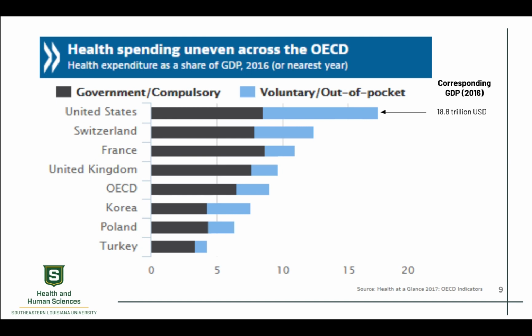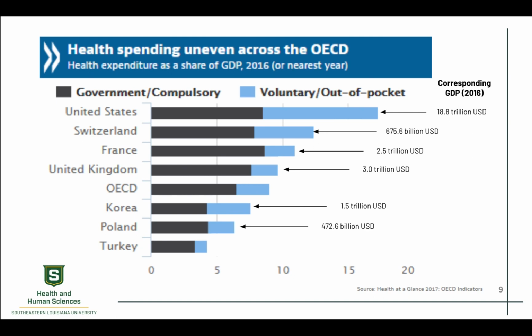And you have the US GDP being at $18.8 trillion, and then you have Switzerland at $675 billion, and then you have France, the UK, Korea, Turkey, and Poland. So a lot of them are not as wealthy as the US.